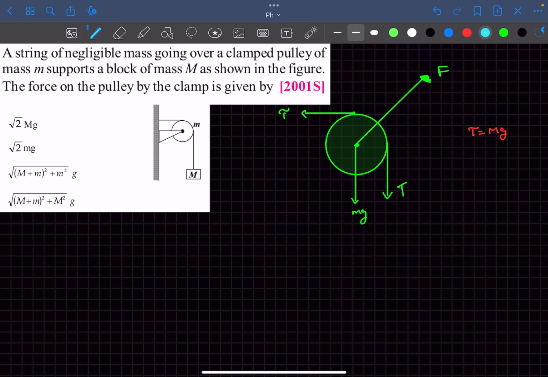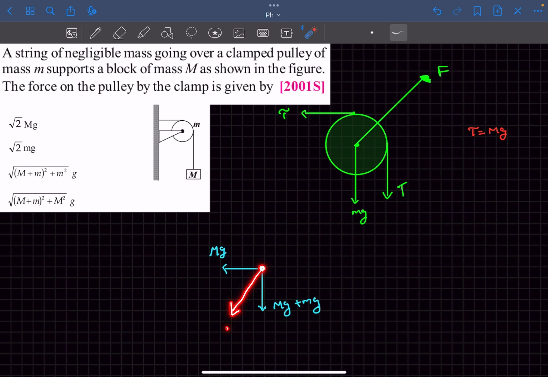So now let's try to draw a vector triangle. Let's draw a point FBD of this pulley. It will have a tension T, which I'm going to mark as Mg, acting in this direction, and another tension T, which will be Mg in this sense. Then there will be the weight of the pulley, mg, along this direction. Let's say the resultant of these forces is in this direction.